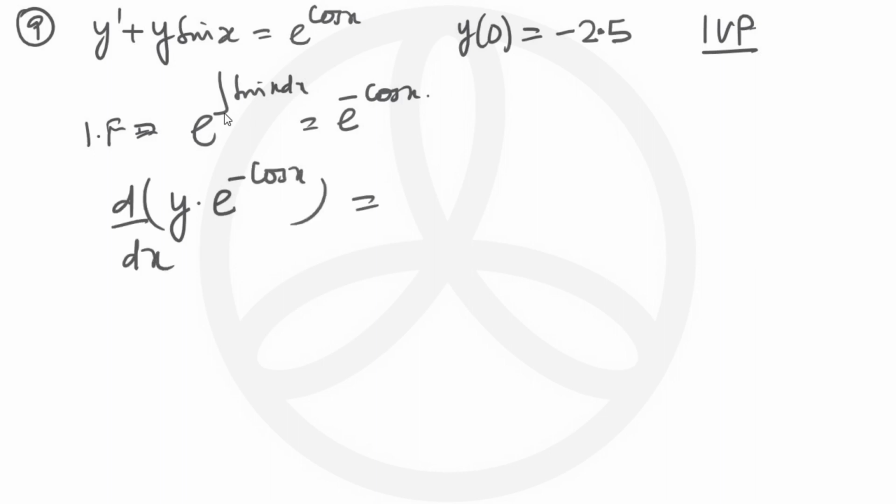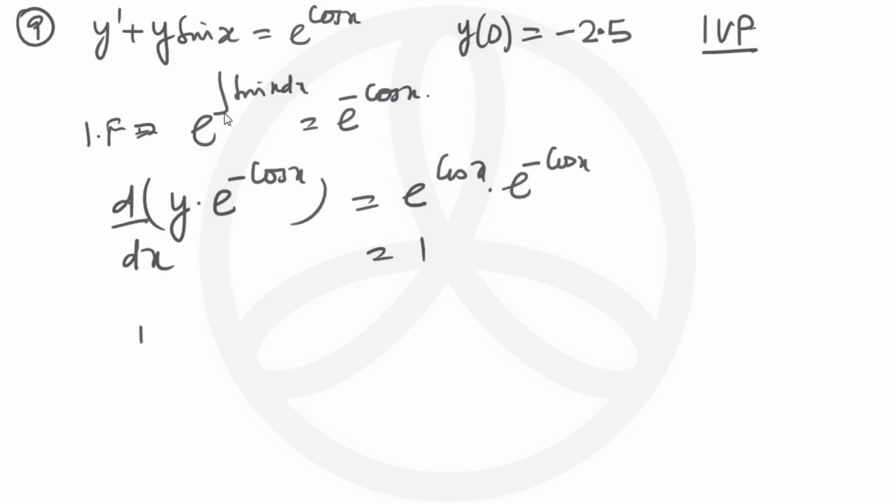Delta x is equal to e to the power cos x multiplied by e to the power minus cos x, and this will become 1, because cos x minus cos x will become 0, and e to the power 0 will become 1.